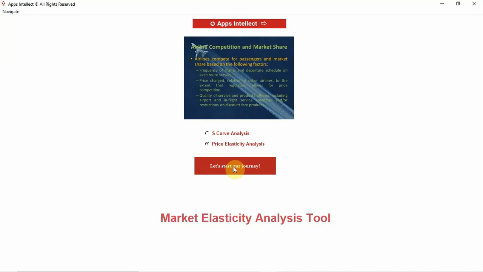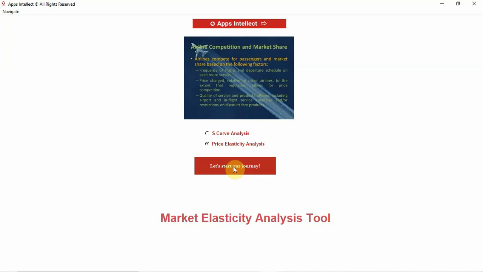So there is a percentage change in the total demand that occurs with a 1% increase in the average price charged. The basic idea is that the airline market strategy must account for the sensitivity of the passengers' demand to airfare, frequency, that is also called the displacement time, and the service quality.